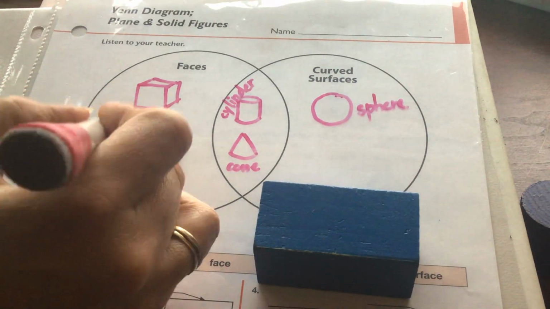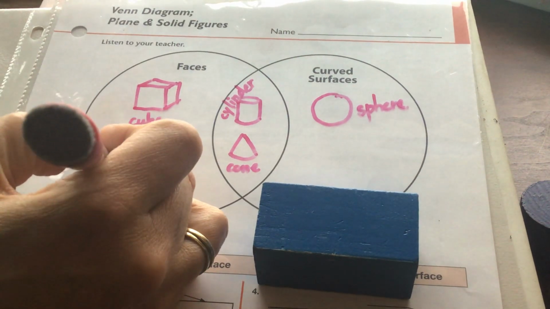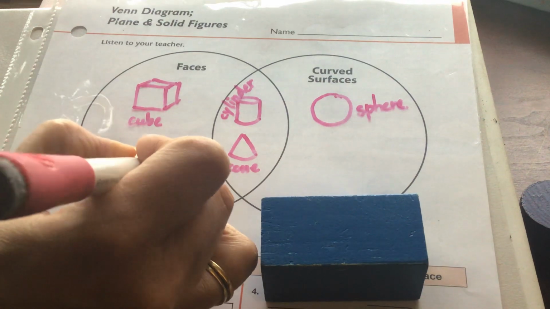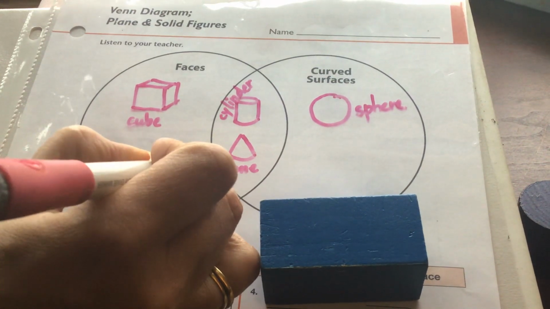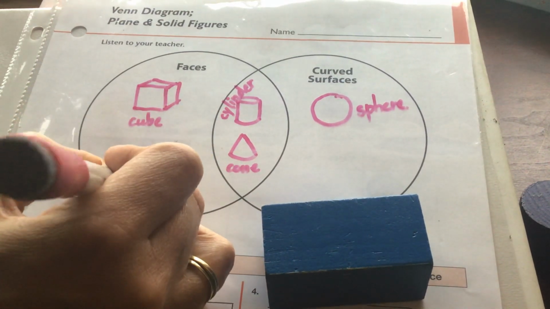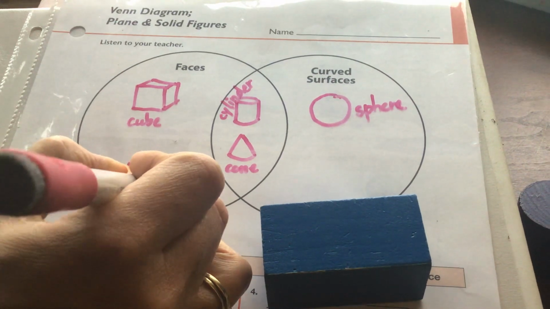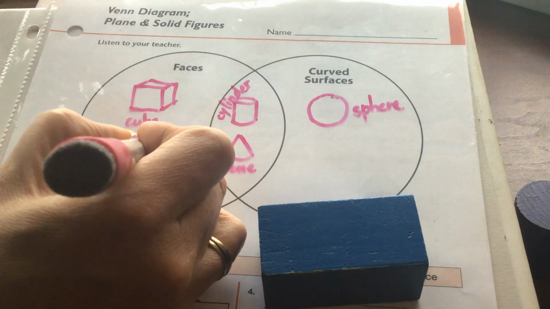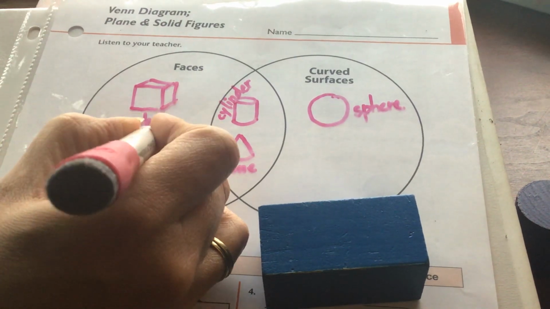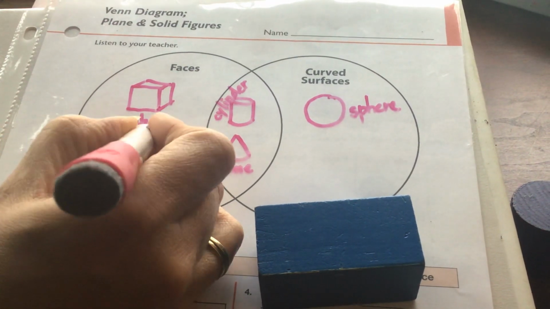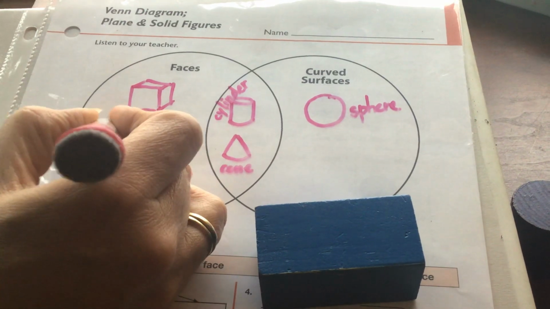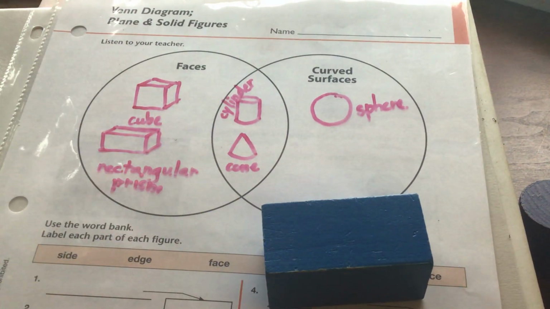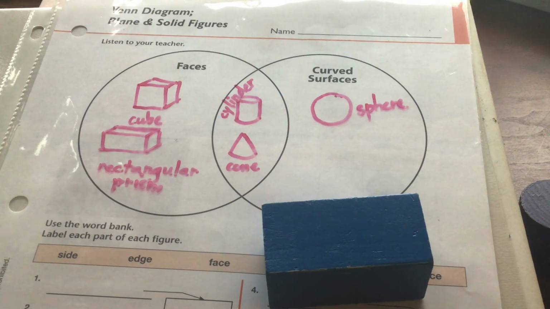But we can do this, like we're doing rectangle, and then prism is prism. Then we need to draw a picture here, something kind of like that. All right, so we have a rectangular prism.